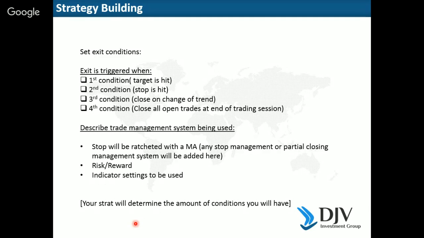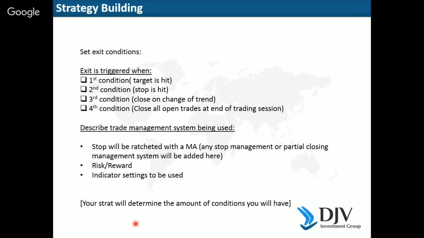And even with the tweaks, you need to be specific. So if you're going to say that your stop loss will be ratcheted after you've done your original backtest, what is that telling me? Okay, I'm setting a condition that my stop loss is going to be ratcheted. What's the problem with that?